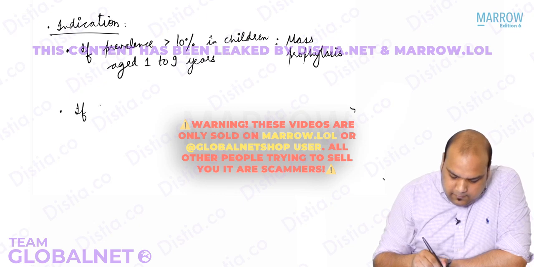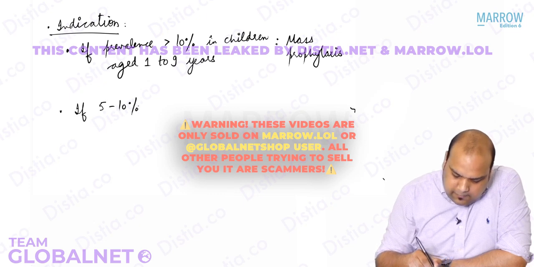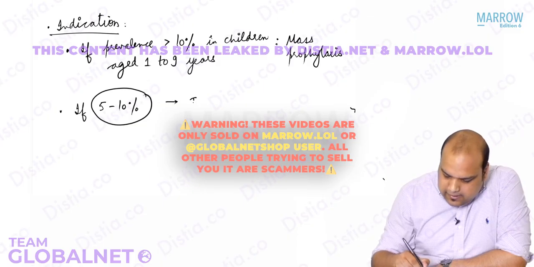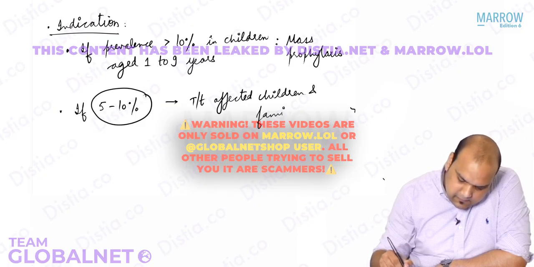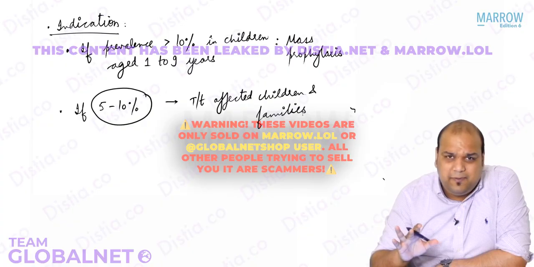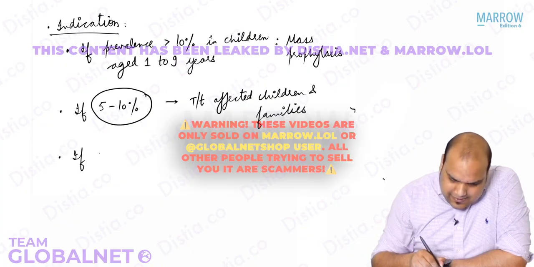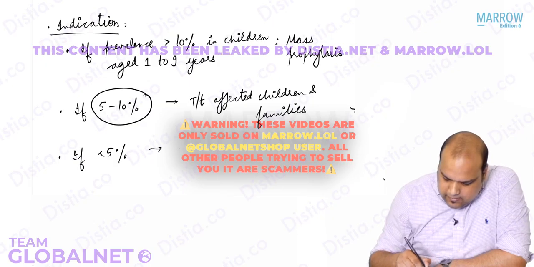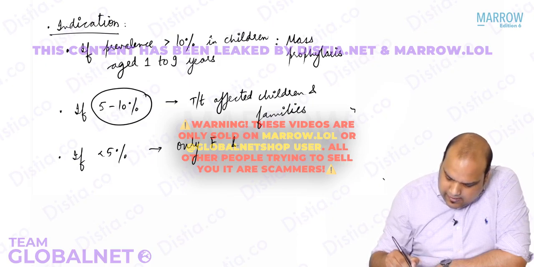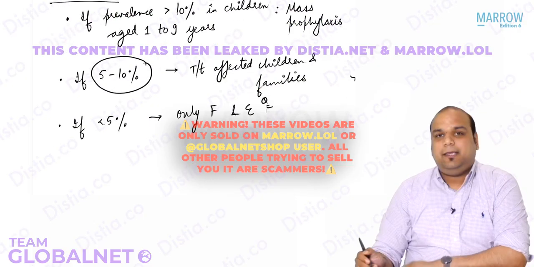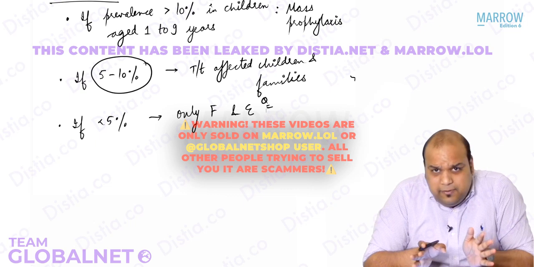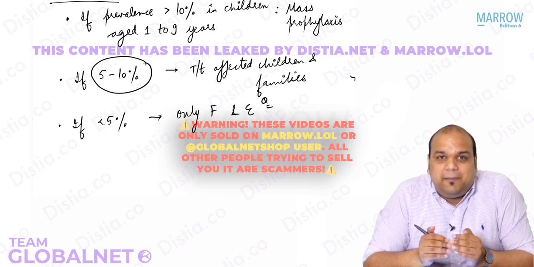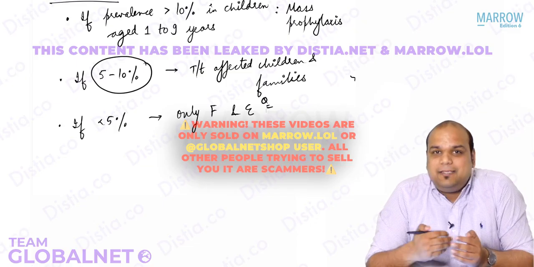Secondly, if between 5 to 10% prevalence, then we say treat affected children and families. Then you don't need to do a mass prophylaxis. And lastly, if it is less than 5%, then only F and E should take care, that is facial cleanliness and environmental hygiene. Done, everybody? There should be no confusion about this. I hope I am absolutely clear about the treatment and how it is instituted.